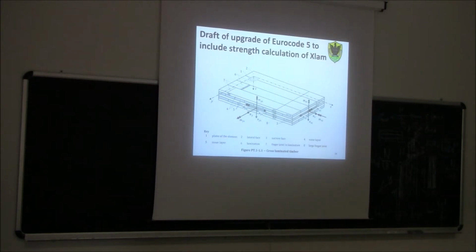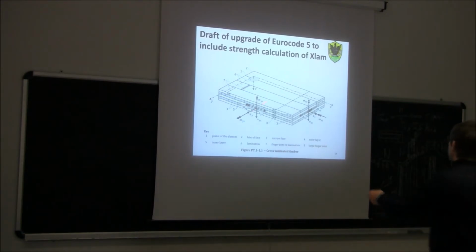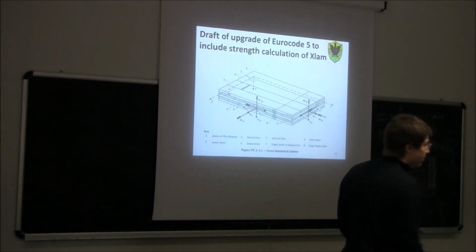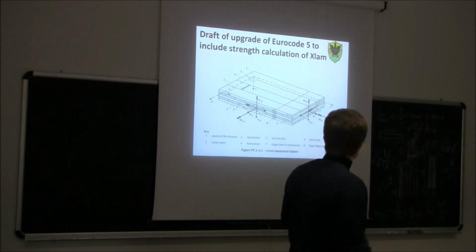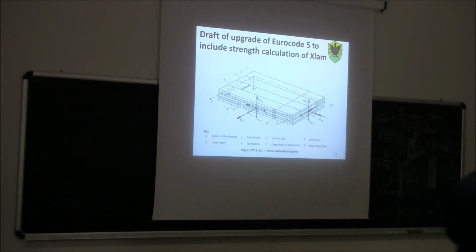We have the axial forces, which we already said, along Y and X. And then you have the shear. You may have in-plane shear, or you may have out-of-plane shear. And then, of course, you may have out-of-plane compression. So for all of these properties, there is a formula to calculate what we call the characteristic resisting property.